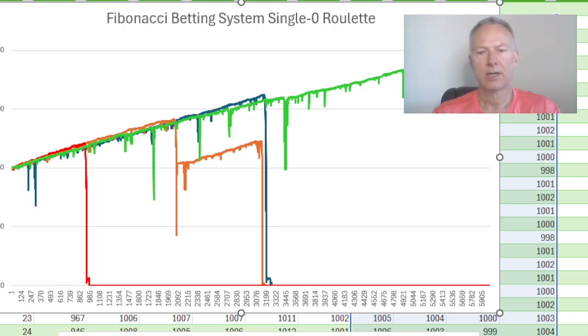And so this system, like any system where you're up against a house advantage, is not going to turn the game into a winner for you as a player. If the casino has a built-in mathematical house advantage, then over the long run, you as a player must lose. There's no betting system that you can concoct that will turn a house advantage into a player advantage just by virtue of how you bet.